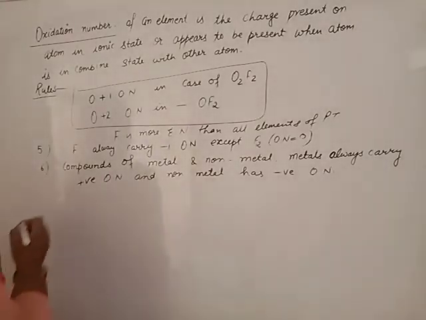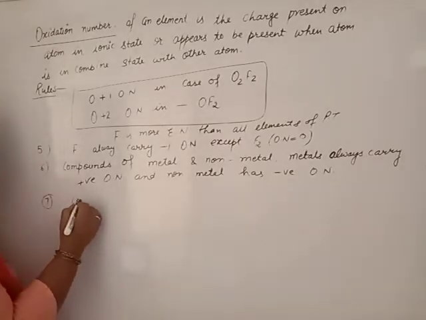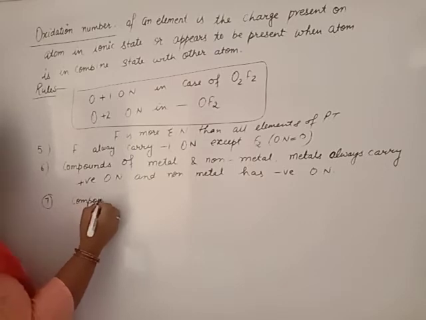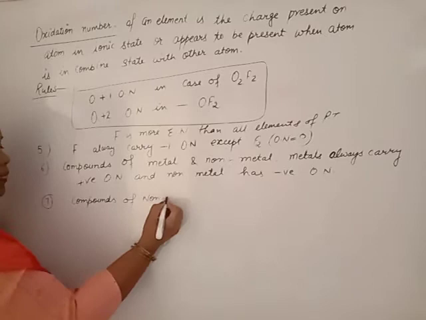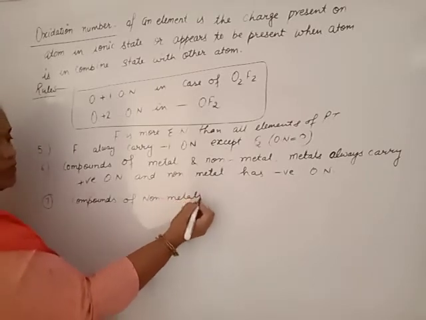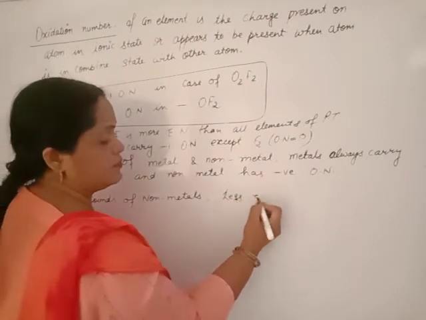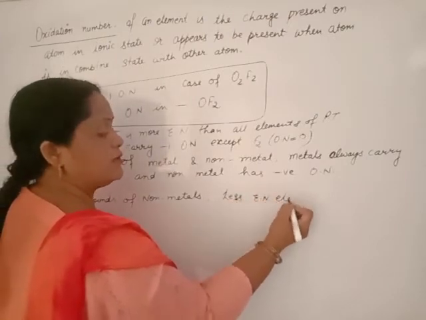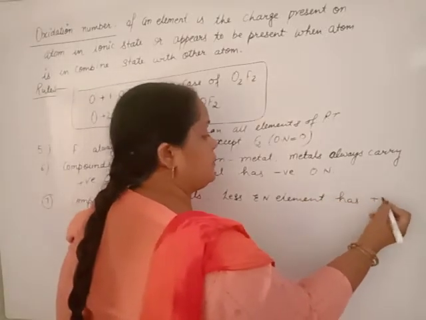Now another one, compounds of non-metals like water, HCl, HF. In compounds of non-metals only, the less electronegative element has positive oxidation number.